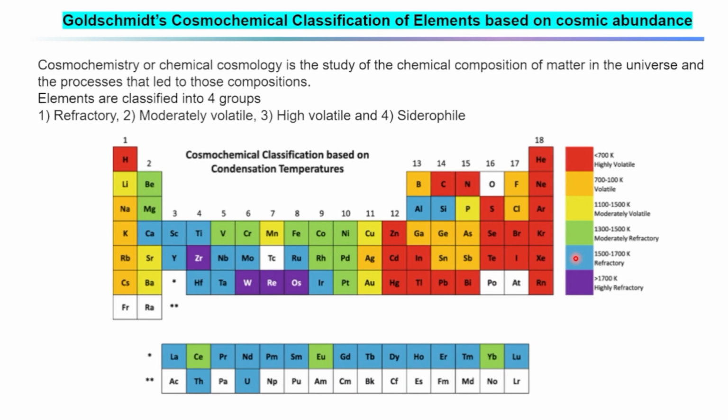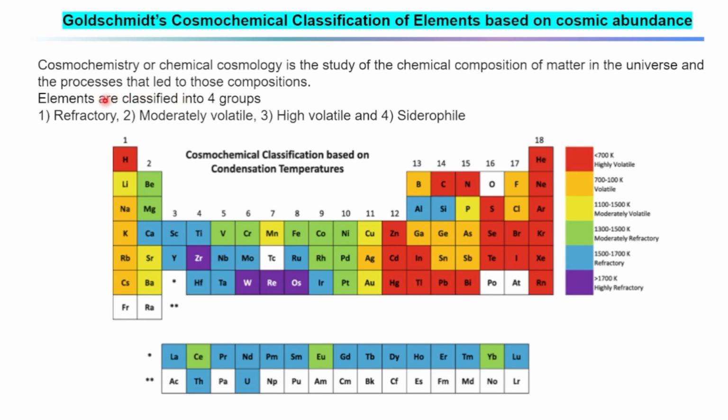Next, we will discuss Goldschmidt's cosmochemical classification of elements based on cosmic abundance. Cosmochemistry, or chemical cosmology, is the study of the chemical composition of matter in the universe and the processes that led to those compositions.